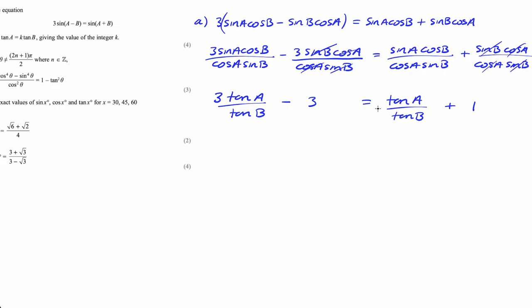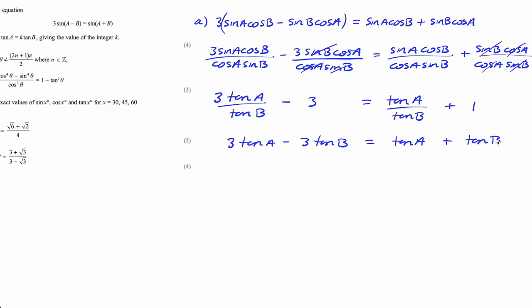Okay, so now I have 3 tan A over tan B minus 3 equals this. Let's get everything on the left. I can multiply by tan B, actually that might be the easiest thing to do. So 3 tan A minus 3 tan B equals tan A plus tan B.